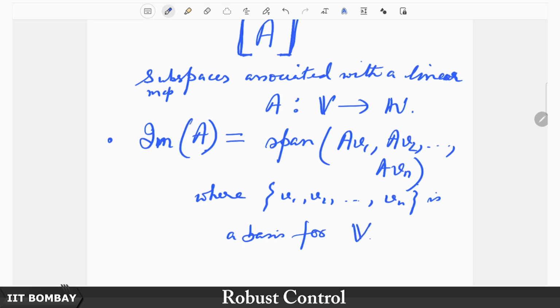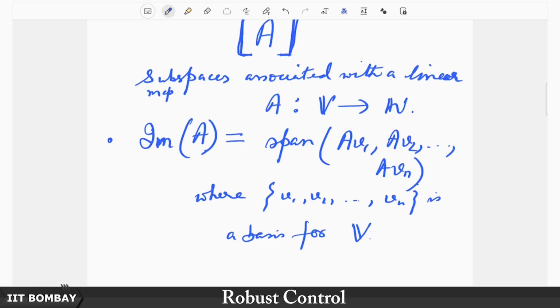So, what do I mean by that? There is also an alternate definition to this, which we shall see shortly. What it essentially says is that when you try to find out the image of a linear map, you do the following: take a basis, preferably an ordered basis, but in this case it is not absolutely necessary unless you are going for the coordinate representation.